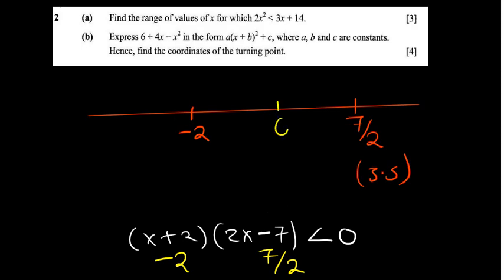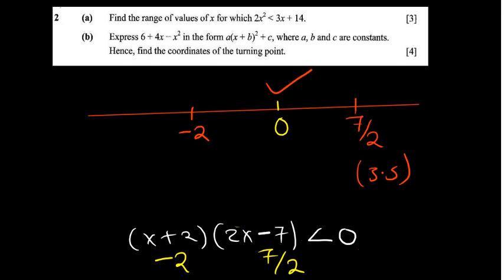I know there's a 0 in between since we've got negative and positive. So if we try 0 for x, here you're going to have a positive 2, there you're going to have a negative 7. Negative times positive gives us a negative, right? So is a negative less than 0? Because this inequality says less than 0. So it is true.